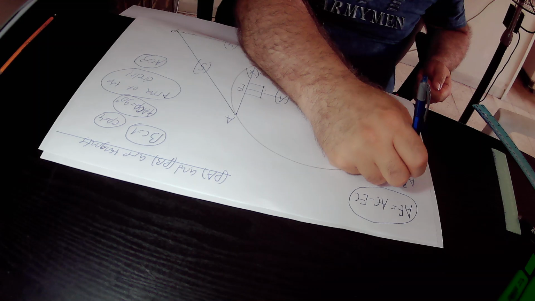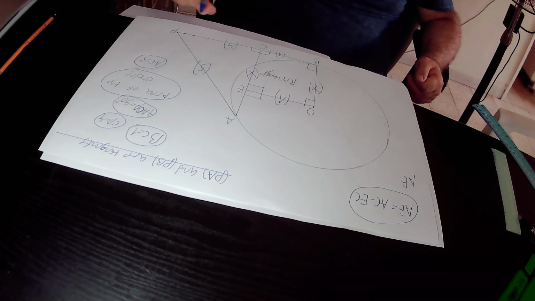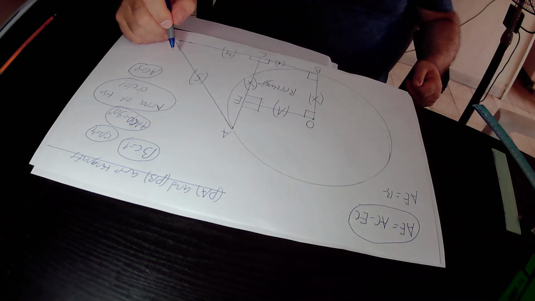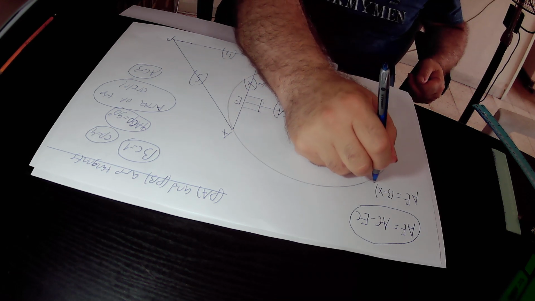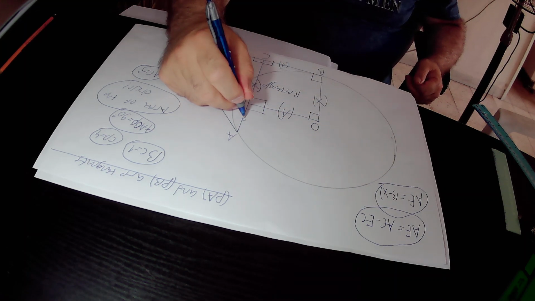So AE equals AC, that is 3, minus EC. EC is x. So in total, AE equals 3 minus x units in its length.